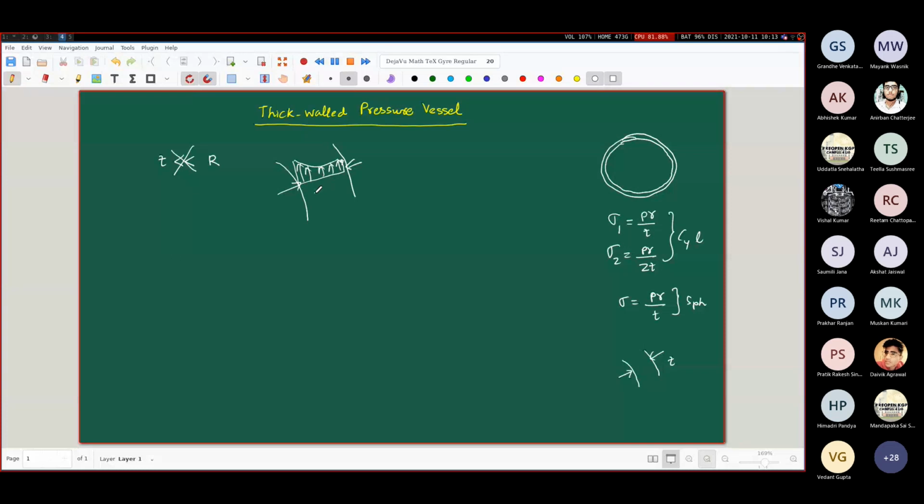The simple things that we were able to do, a simple kind of force balance, which was almost like high school level physics, we can no longer fall back on that. Rather, we have to rely on something called the mathematical theory of elasticity. And it is these theories of elasticity where the real fun of mechanics of solids begins.